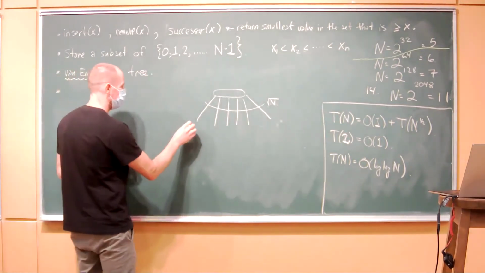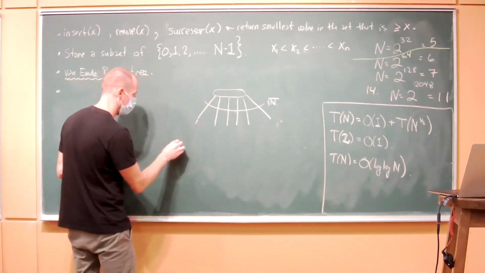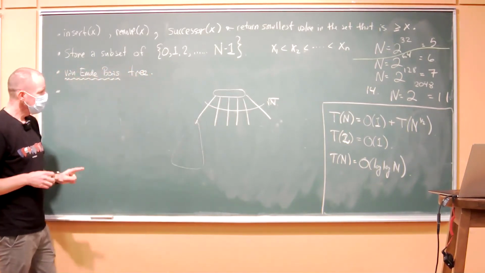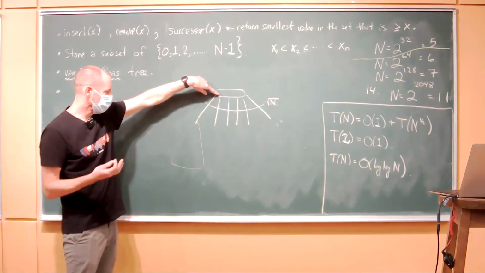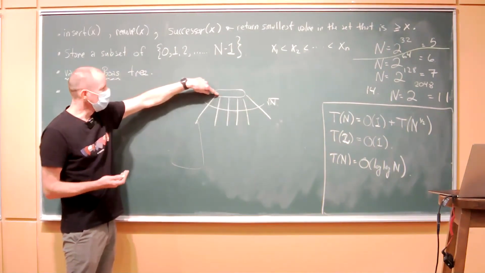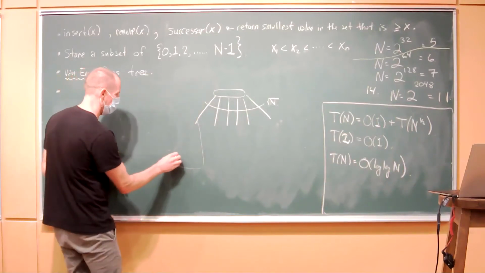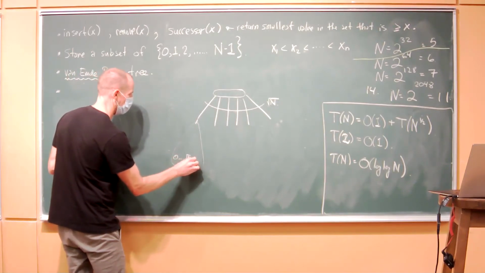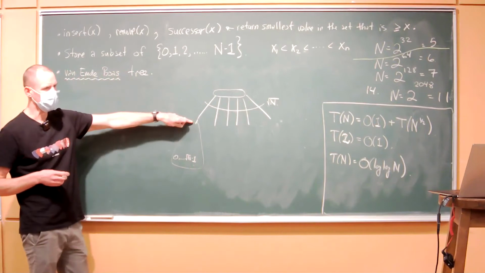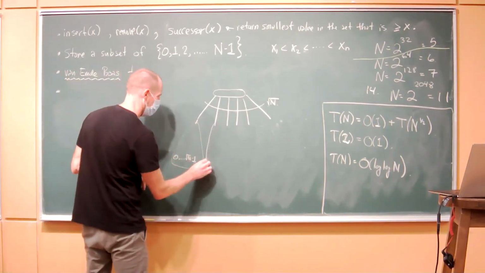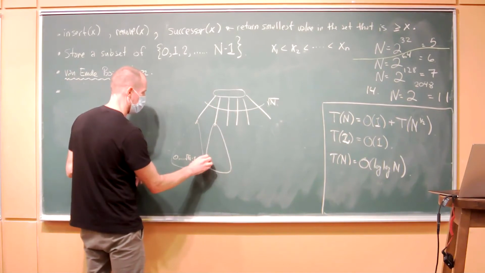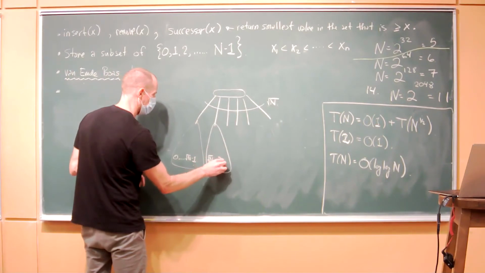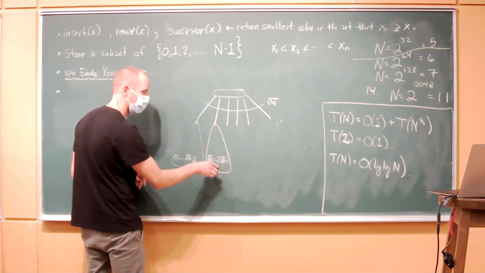Now, very roughly, what's going to be here? Well, this is going to be a tree that we will go to if we are searching for something in the range 0 up to the square root of n minus 1. That's what the first child is. The next one, if we're searching for something in the range square root of n up to 2 times the square root of n minus 1, that's where we'll go.